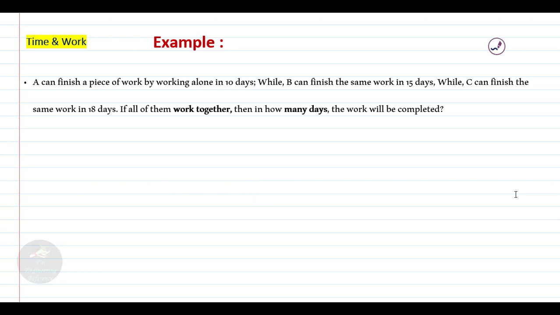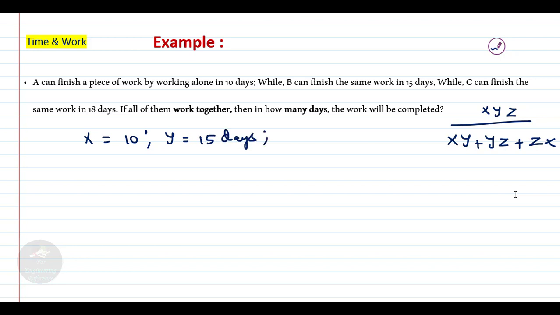First we can write the formula over here, which is xyz divided by xy plus yz plus zx. Okay, so we can write the values of x, y and z. The value of x is 10 days, the value of y is 15 days, the value of z is 18 days. Okay, we know this.